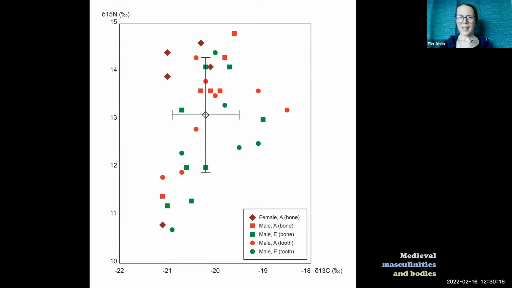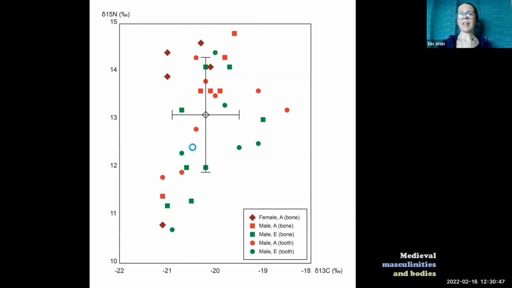And this chart plots the results. So you can see carbon, which is the C down here in this image, right to left, would show if your diet is based mainly on marine sources like fish, or more on terrestrial sources, food from dry land such as vegetables, meat, and also fish if it was from a lake instead of from the ocean.